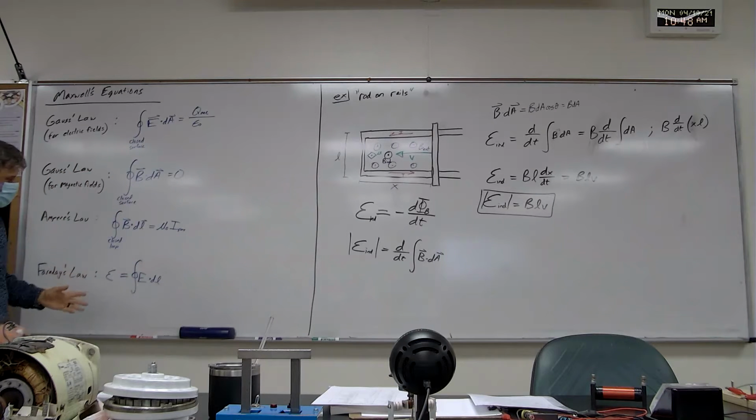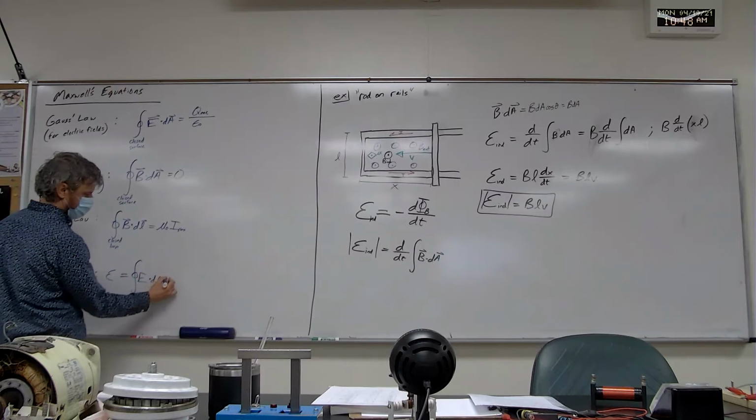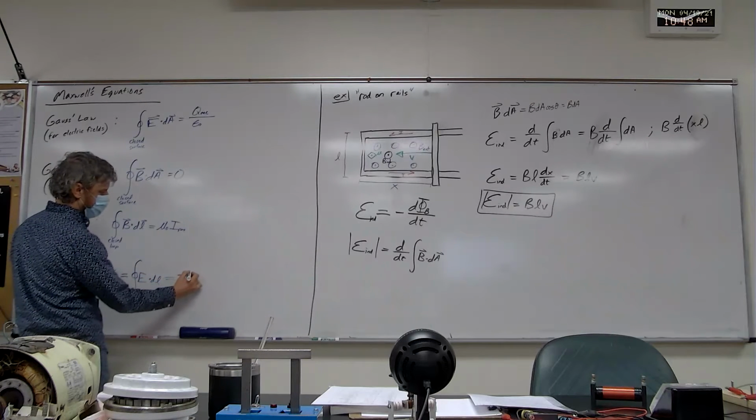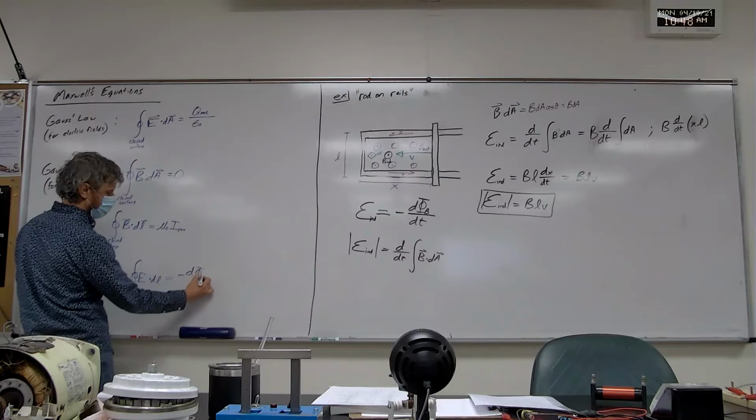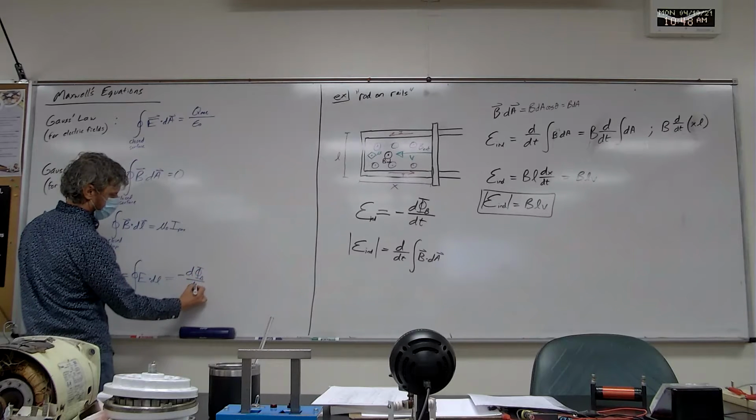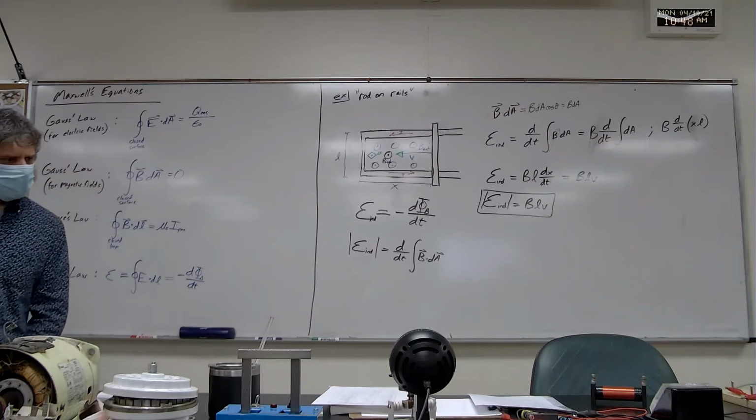And so we just write the integral of E dot dl, and that's also equal to, as we showed, the negative derivative of the magnetic flux with respect to time. I think that's how they draw it.